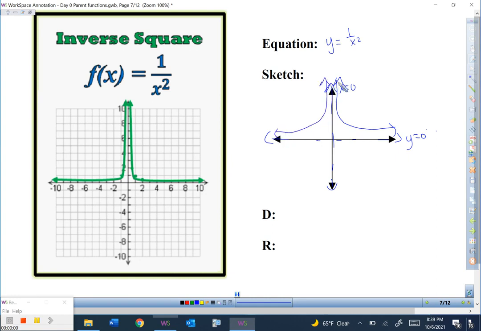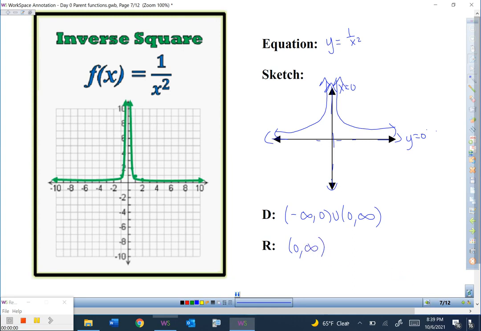Talking about domain here, we don't have all real numbers. We already talked about leaving 0 out for x. So negative infinity to 0, union 0 to infinity. And then the range here, we don't have any of those negative values, so we're actually starting at 0 and going on to infinity.